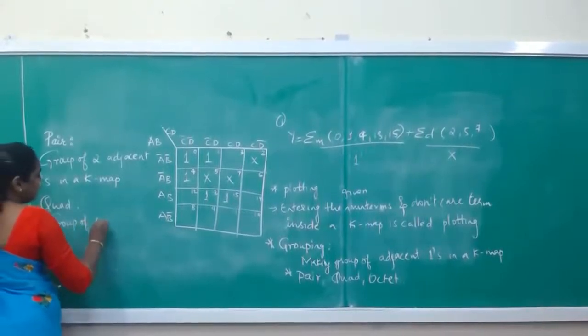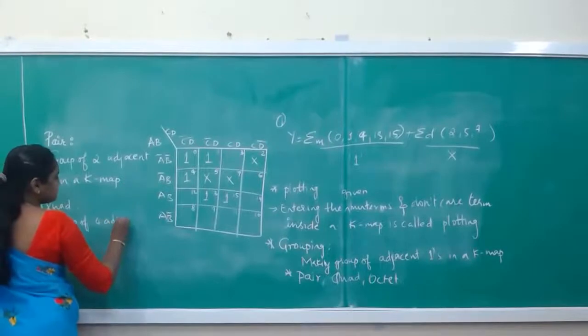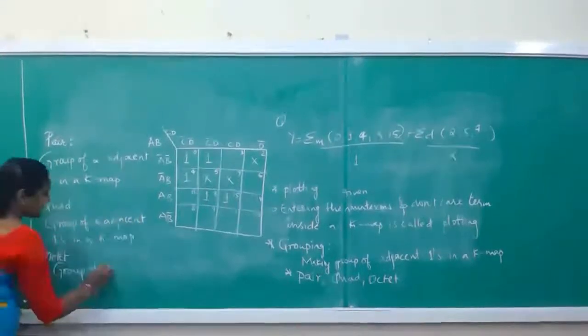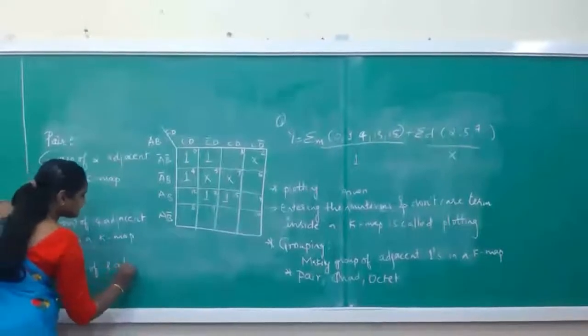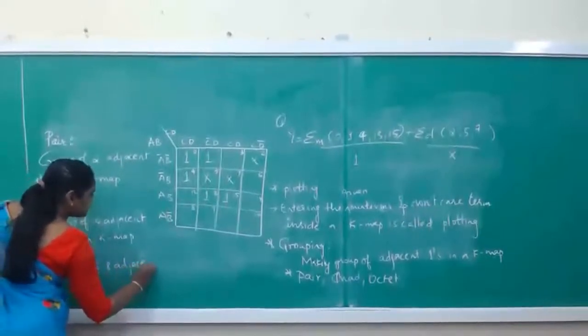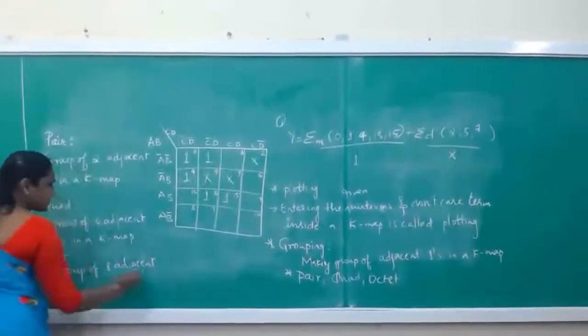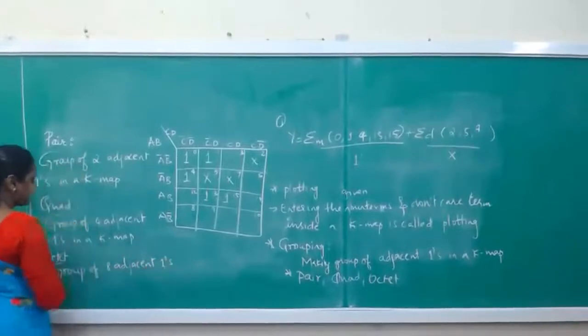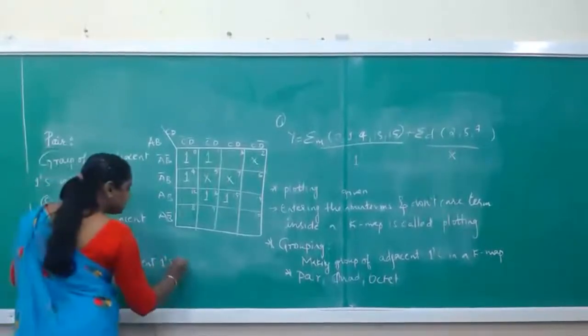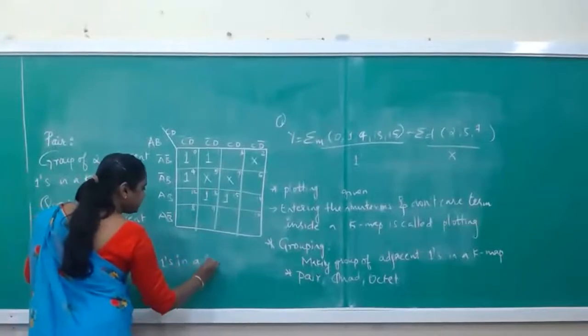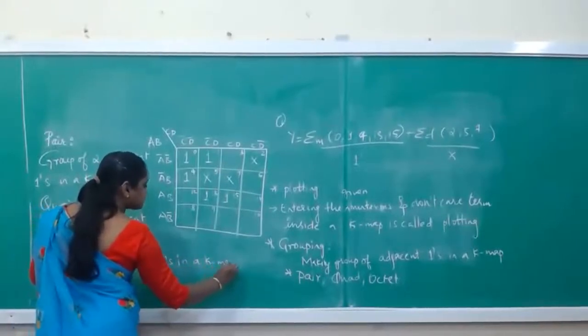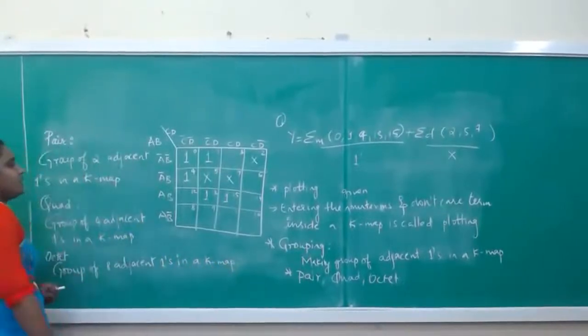Group of four adjacent ones is a quad. Group of eight adjacent ones in a K-map is nothing but an octet.